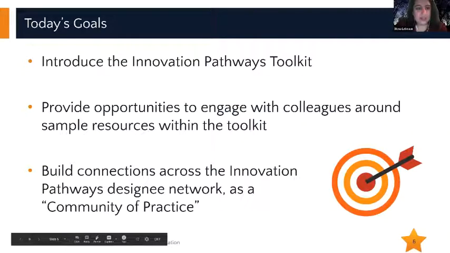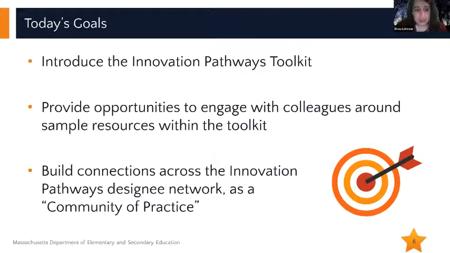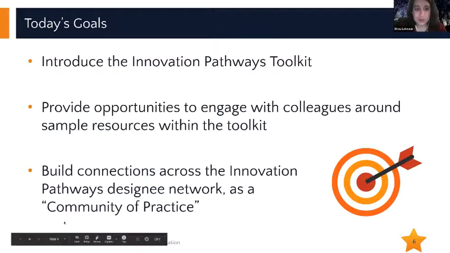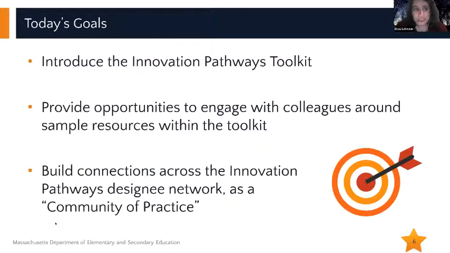So today's goals are to introduce our Innovation Pathways Toolkit, to provide opportunities to engage with colleagues around sample resources from it, and to build connections across the network, which we know is important for all of you and is a strong contributor to continuous improvement in all of your settings.